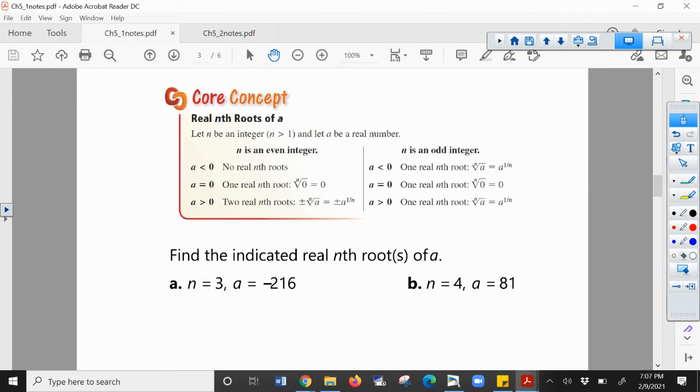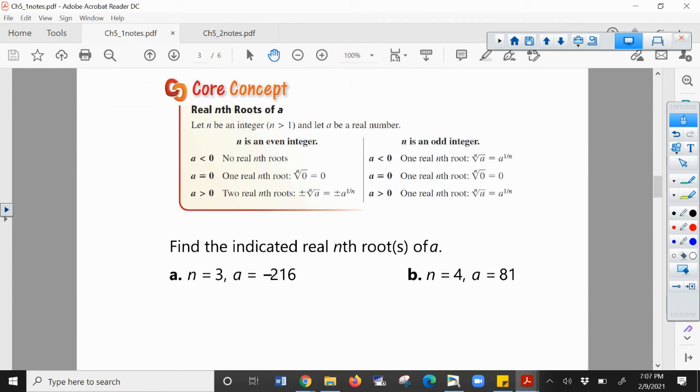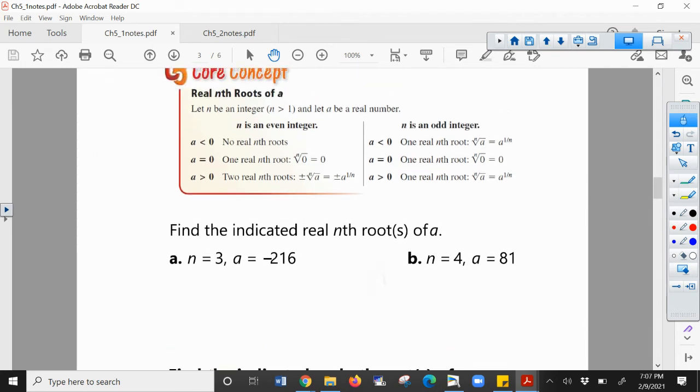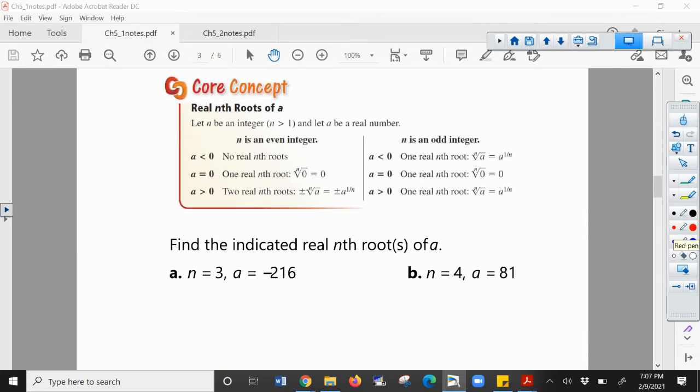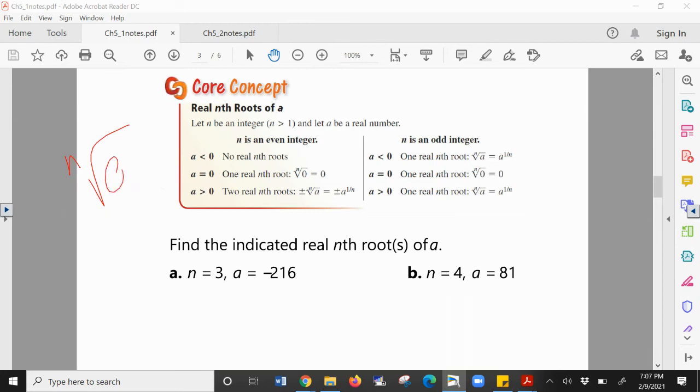All right, so here's another core concept about roots, taking the nth root of something. The index, that's the nth part, we're always talking about it like this, the nth root of a.